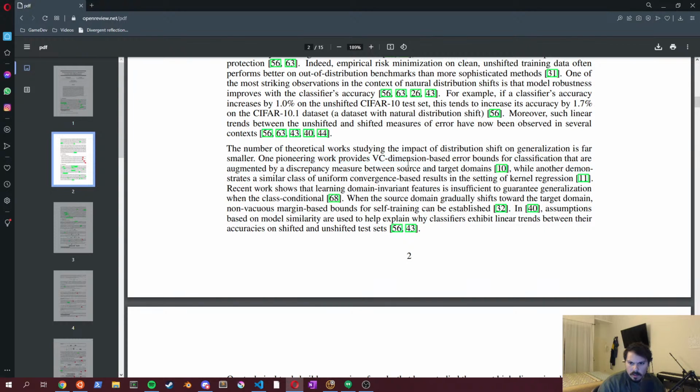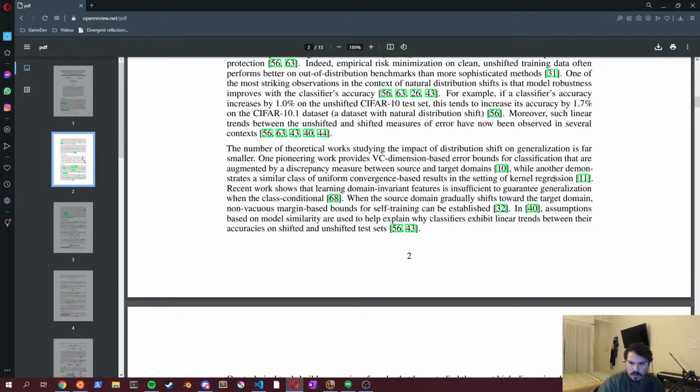There's been work on VC dimension-based error bounds for classification, and kernel regression. Okay, so this is that uniform convergence theory they were talking about before.